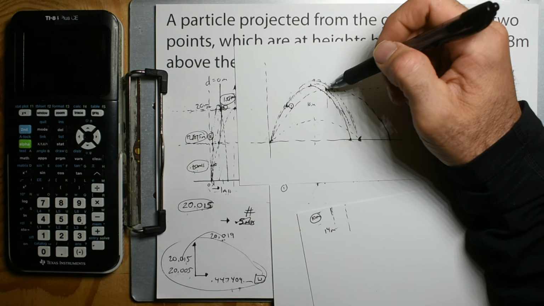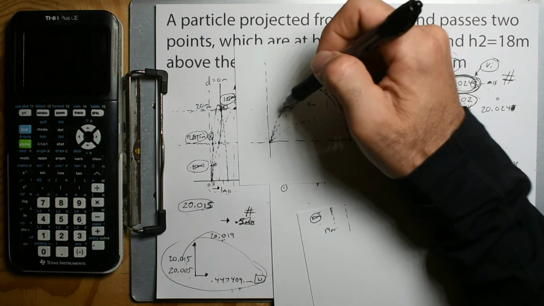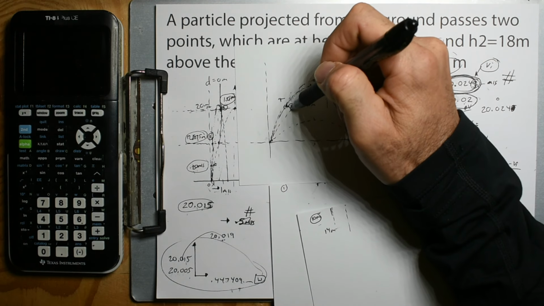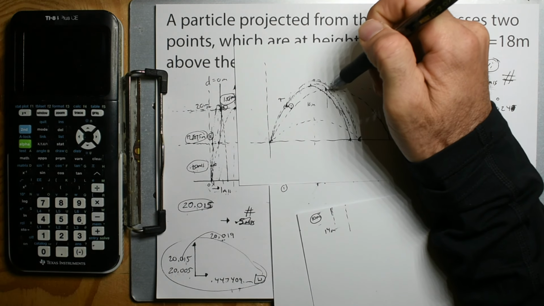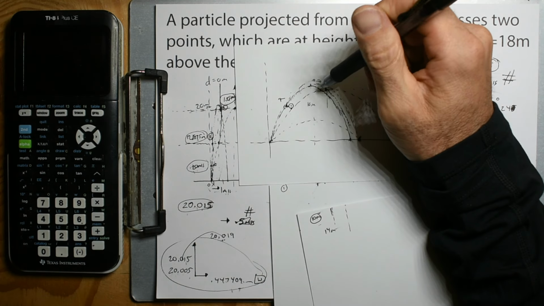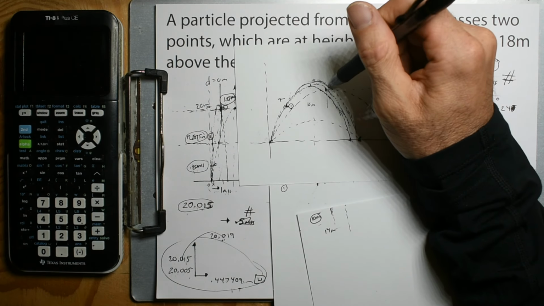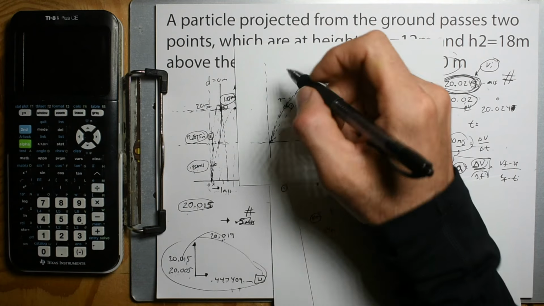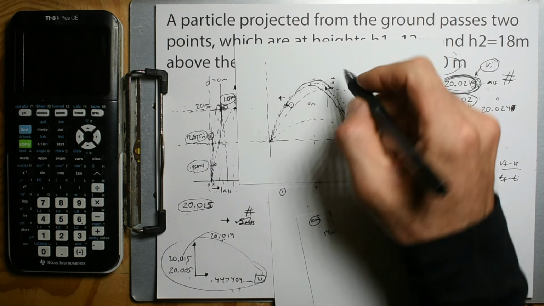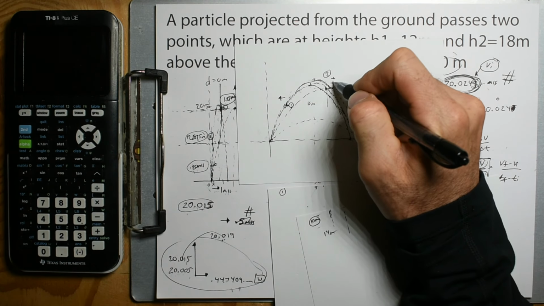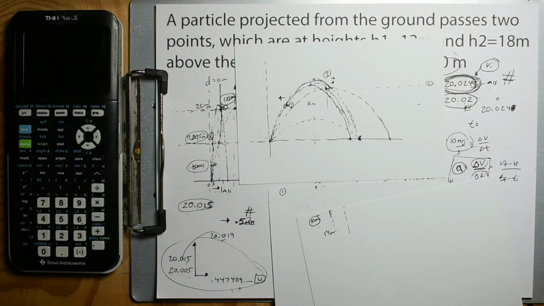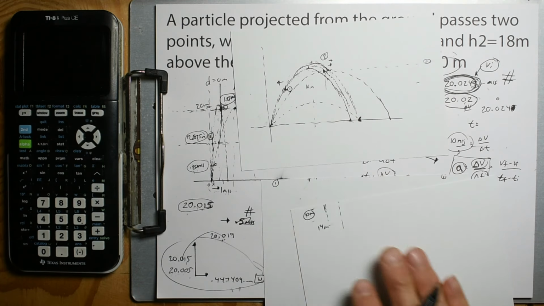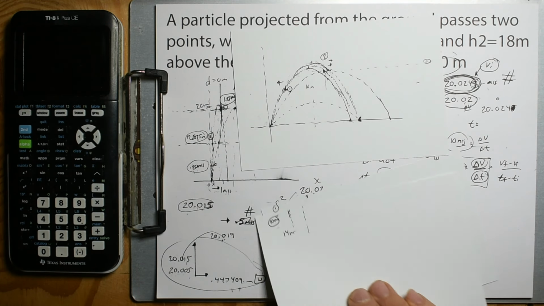We can come down. So we're starting on this side of that point 1, and then we can even start to come down and be on that side of point 2. That's why I had these arrows. So we're going to be on this side of point 1, and then that side of point 2. So that happens. And I think from a visual perspective, I'm pretty settled with that.